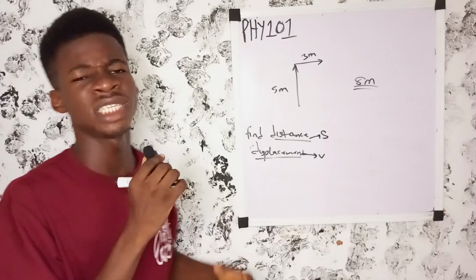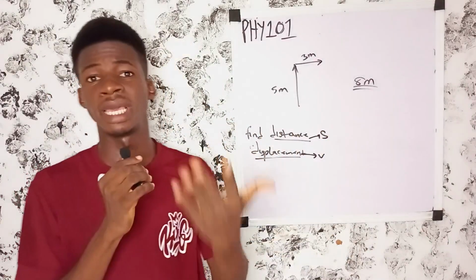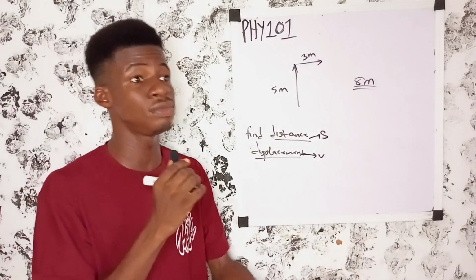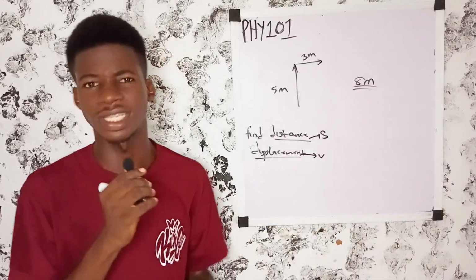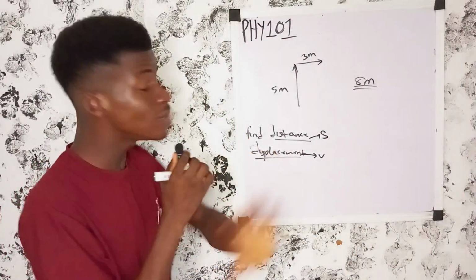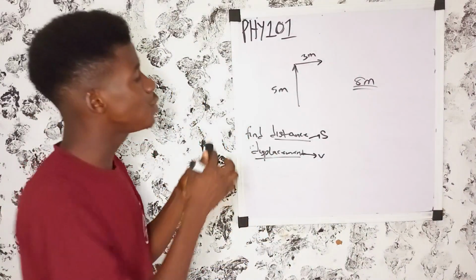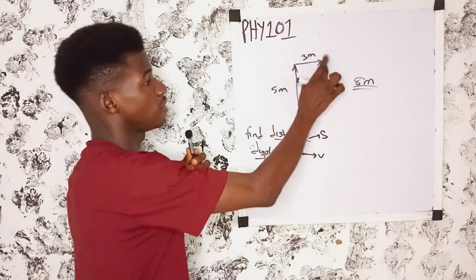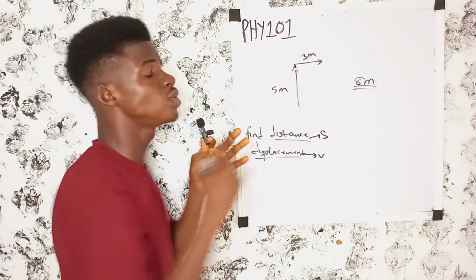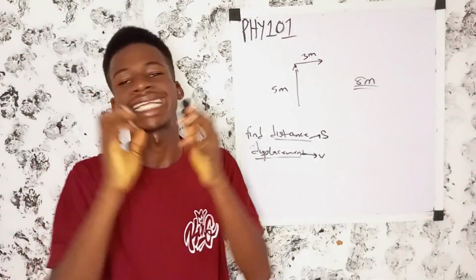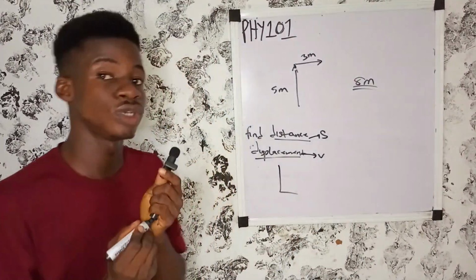Now what about the displacement? Vector quantities can be solved using the Pythagoras theorem, the cosine rule, the parallelogram method, the vectorial method, and many others. Which of them am I going to use? If you look at these two vectors, they are at right angles to each other.